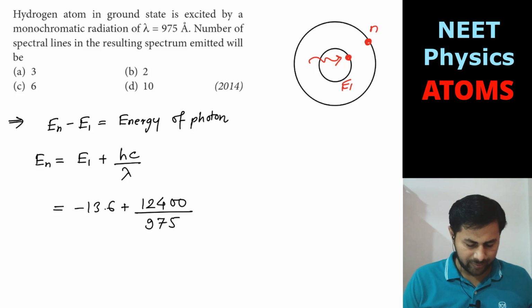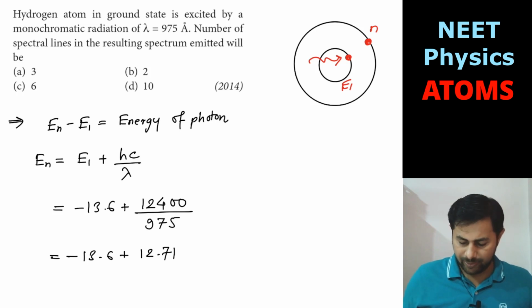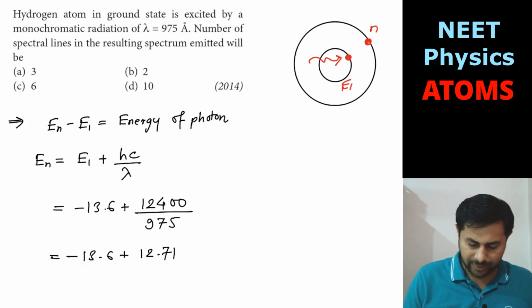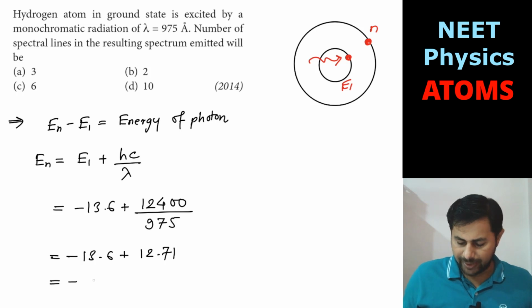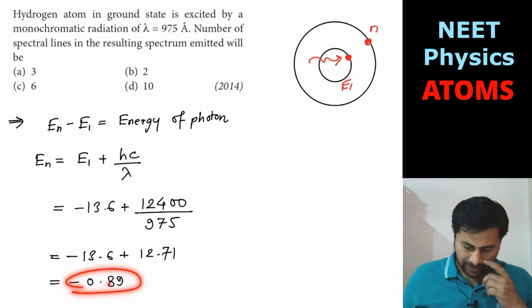So minus 13.6 plus 12.71. If you solve this, what you get is minus 0.89.